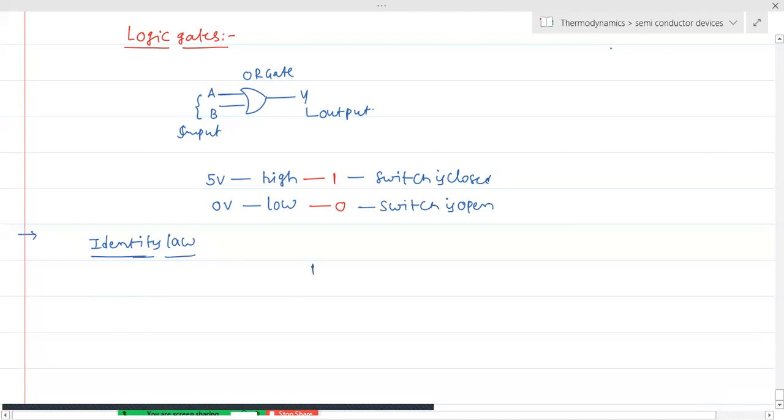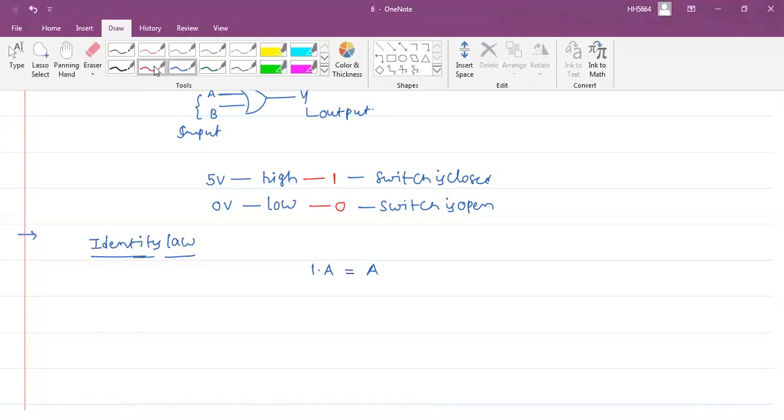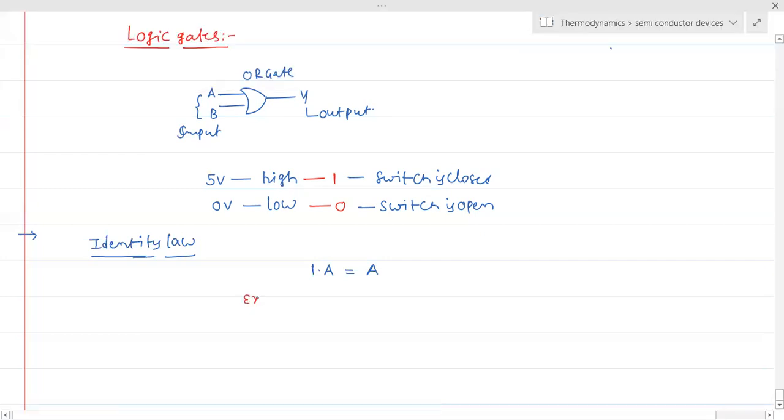First I am taking 1 into A equivalent to A. Up to now we discussed A and B are the inputs. We may use 1 or we may use 0, depending upon the example. I will explain everything with respect to the example.